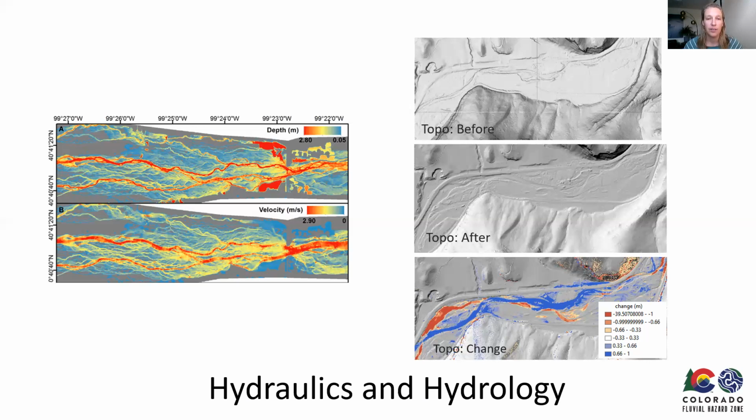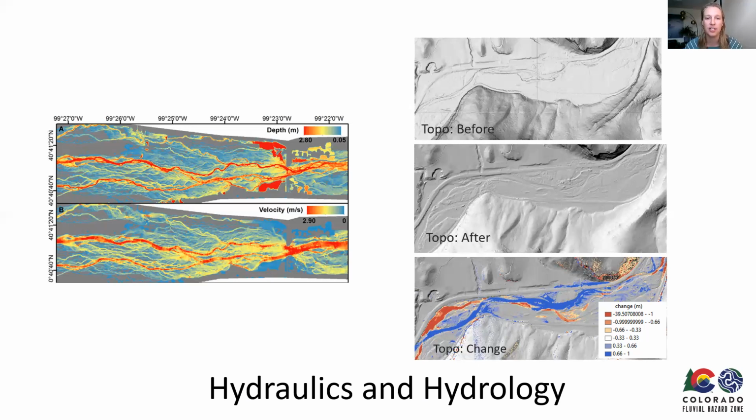And so what we've got here on the right is the hillshade of a section of St. Vrain Creek before and after the 2013 floods. And we can see that there's areas of that landscape that changed by over a meter. Some of that change is actually on the order of 2 meters. And so if you're dealing with erosion and it's down cutting, that's one issue.